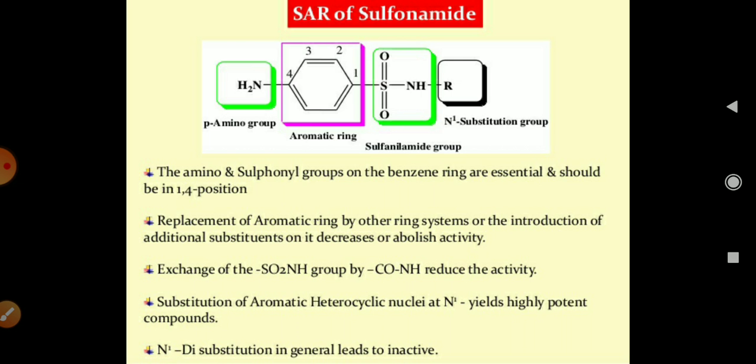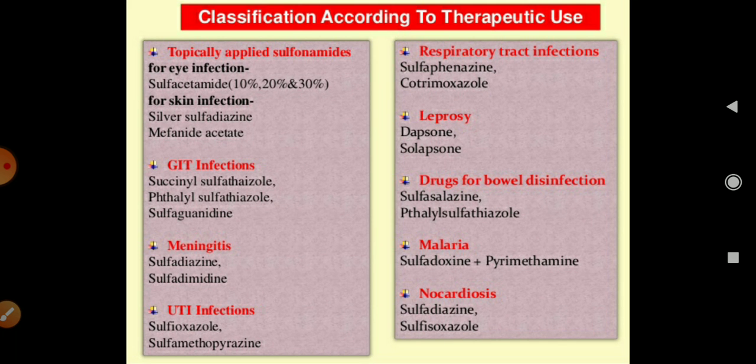N1 disubstitution in general leads to inactive sulfa drugs. Classification according to therapeutic use: they can be used for eye infections, skin infections, malaria, UTI infections, and many more.